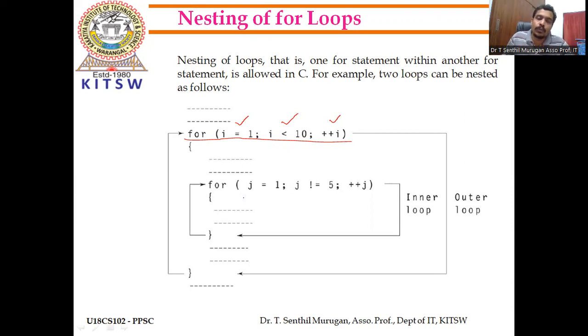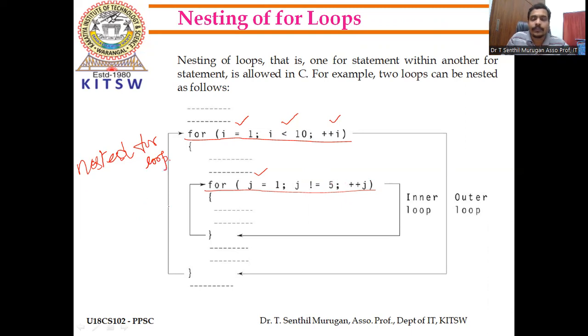Inside the for loop, one more for loop is there. In this for loop, use another variable j equal to 1 as the initial value and j not equal to 5. Till this condition fails, it will execute. This is a nested for loop. A loop within another loop is a nested for loop.